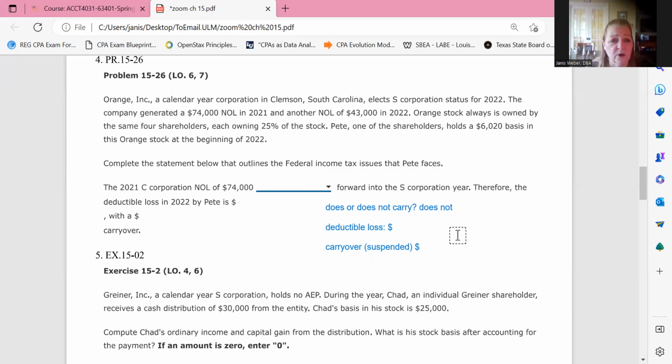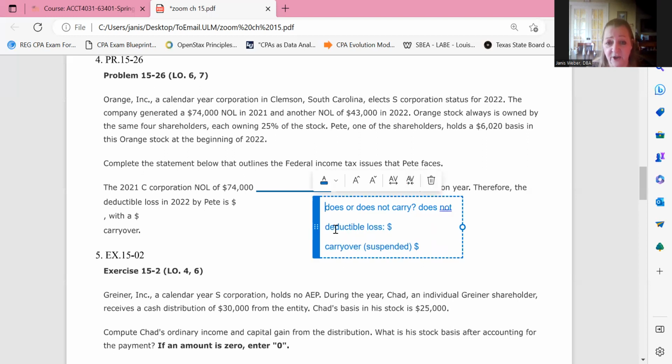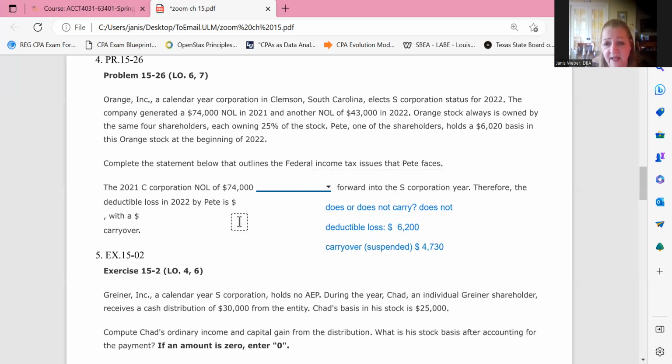So therefore, the deductible loss in 2022 by Pete is however much he can deduct in that year, which is limited to his basis. So it's not complicated whatsoever. I calculated this already. Oh, I got this number wrong.